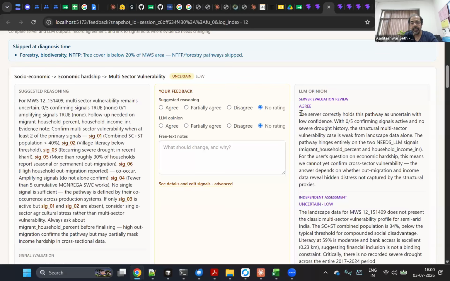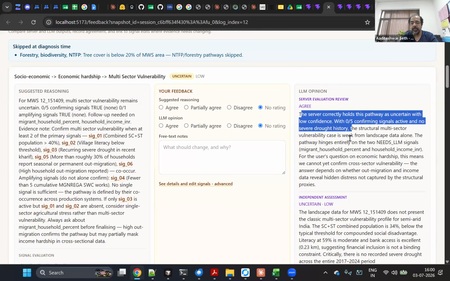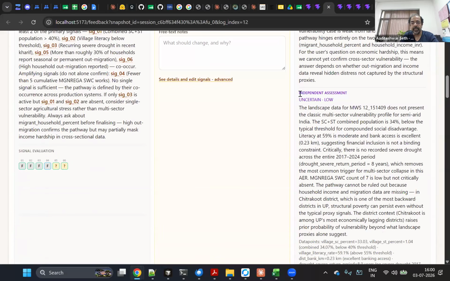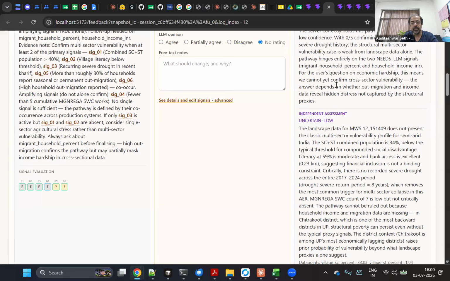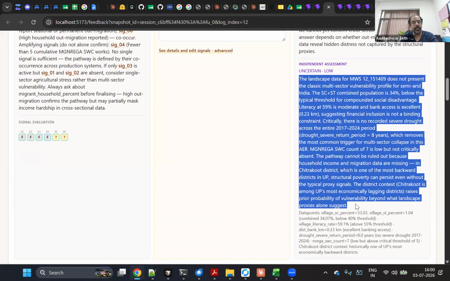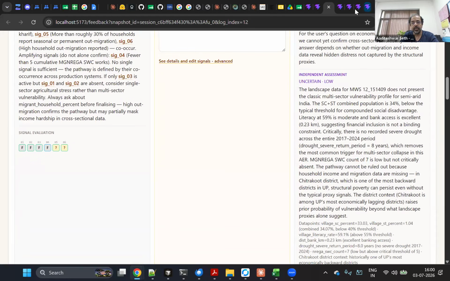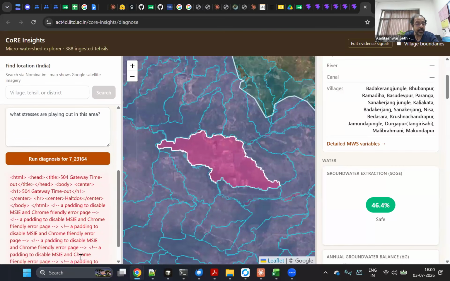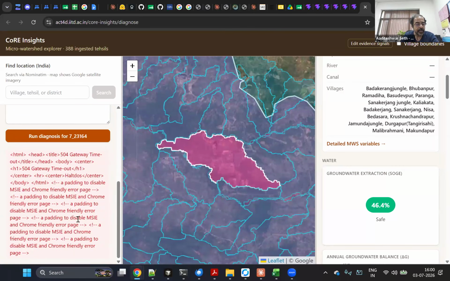Here the LLM is saying, I agree, the server correctly holds this pathway, and so on. And this is its independent assessment, Claude's independent assessment, that if it were not using the rules we've given, it would use its own rules. Oh, it crashed. Some issue, I'll debug this later.